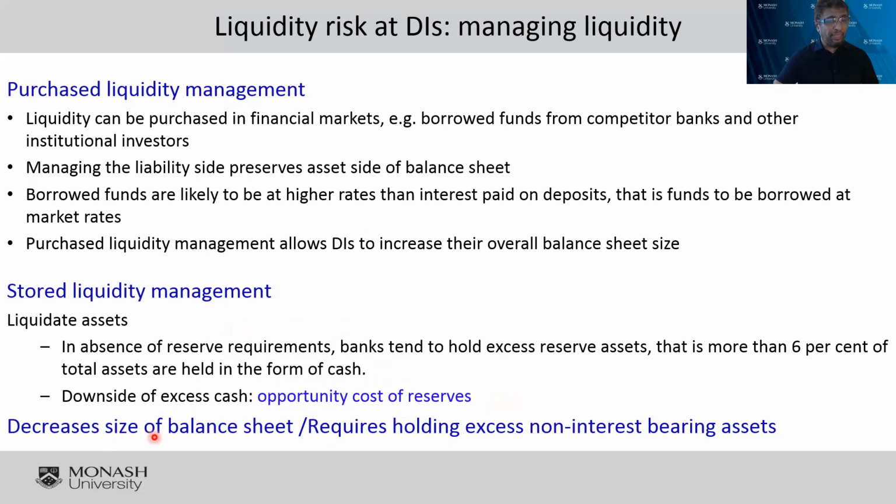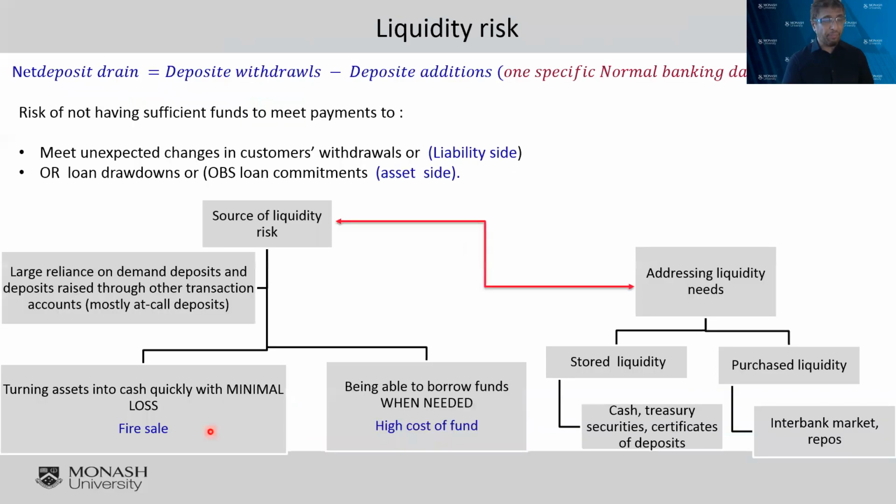Now this will decrease the size of the balance sheet, because when you sell some of your assets, the size of the assets will decrease, and because you sell them, for example, to pay depositors, the deposits will decrease on the liability side, the assets will decrease on the asset side, and then the size of the balance sheet, of course, will decrease.